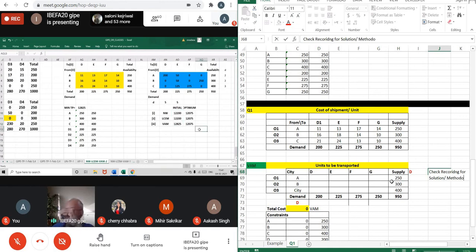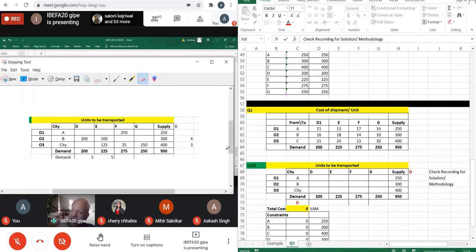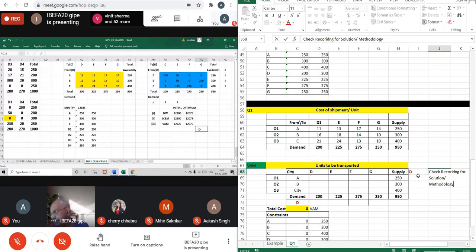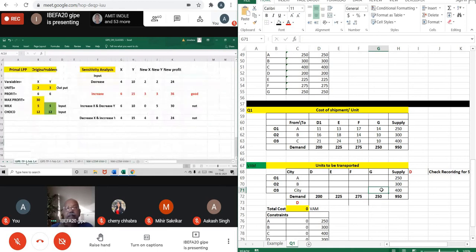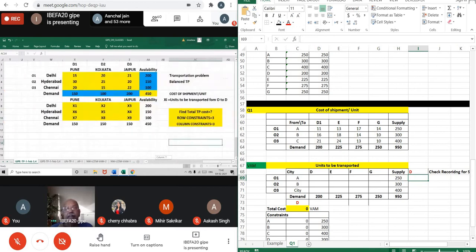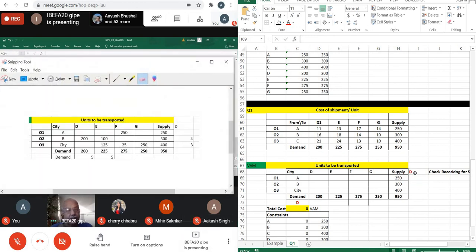So this is the first situation of solving TP. The transportation problem will be solved for a balanced TP. Initially, we have taken 3 by 3 matrix and proved.